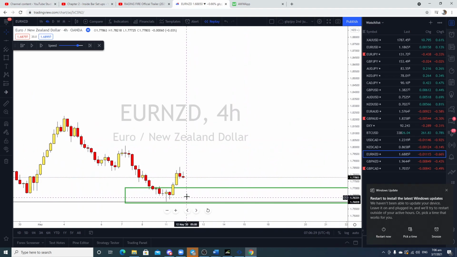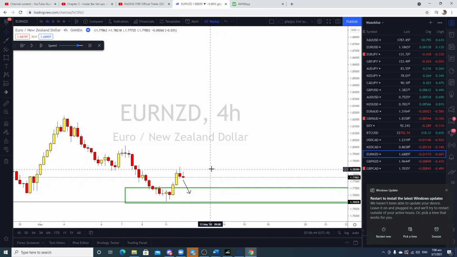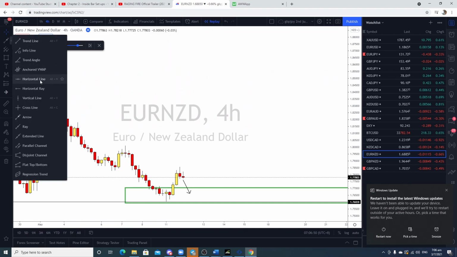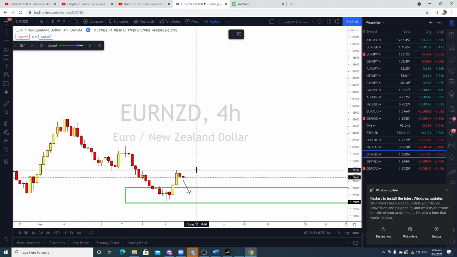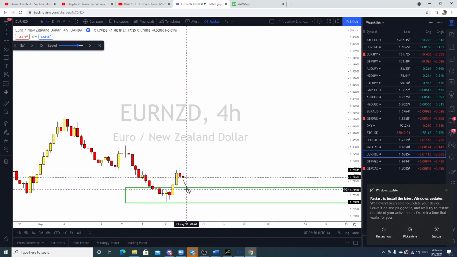For instance, should price come down around here, in this demand, retest, we can probably take a buy tentatively. Or we can also wait for price to break past the previous high, and then look for a setup.